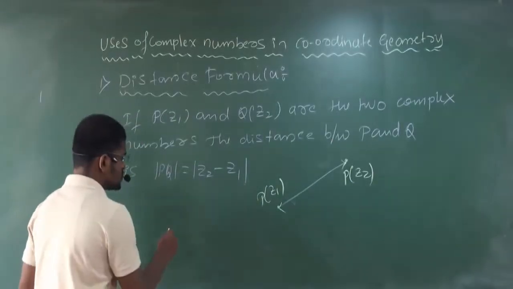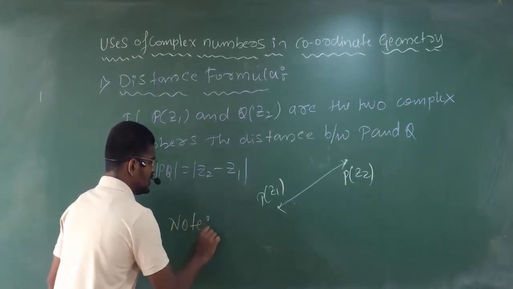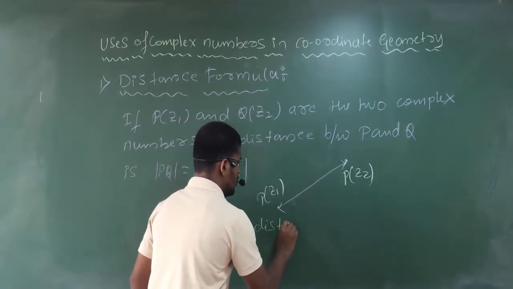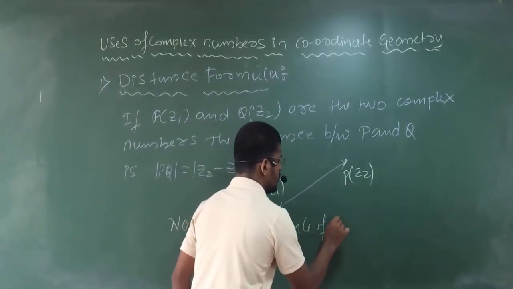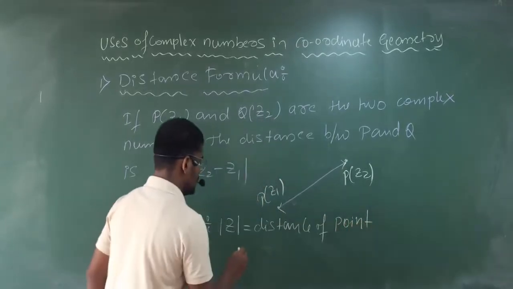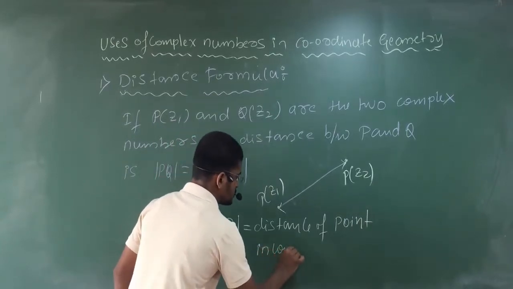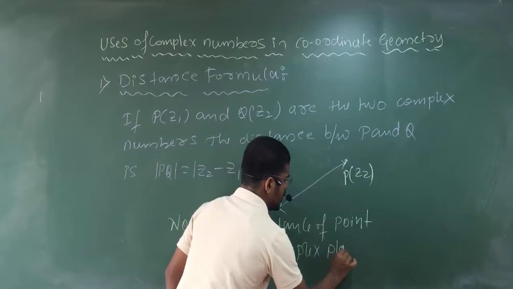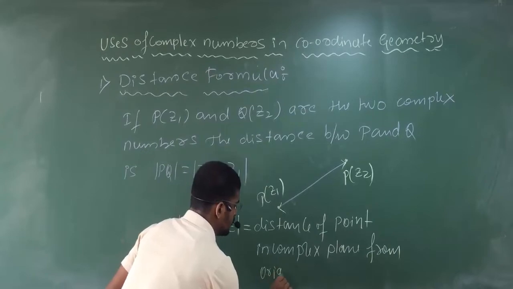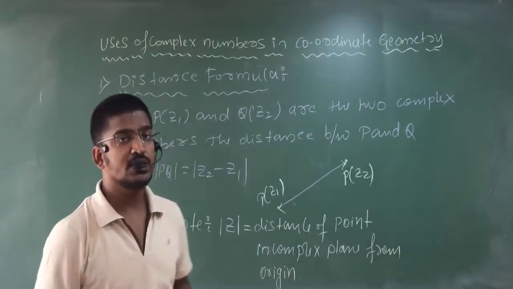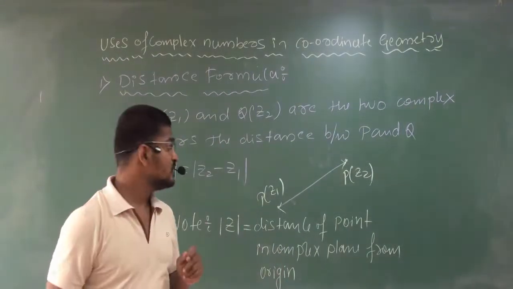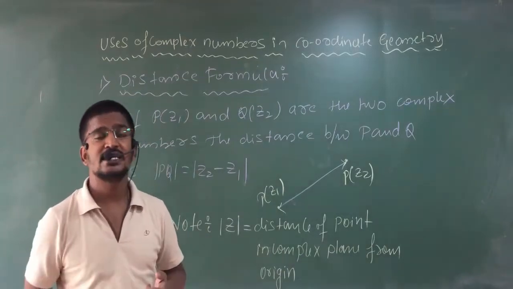So here you must know one note, that is mod of Z equal to distance of point in complex plane from origin. So that means the distance between 2 points in complex plane is given by mod of Z2 minus Z1.